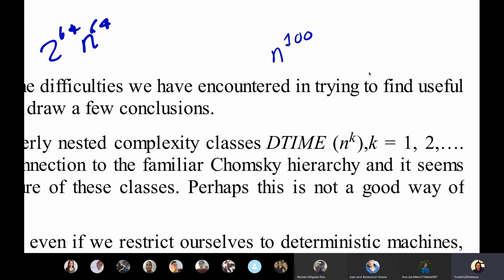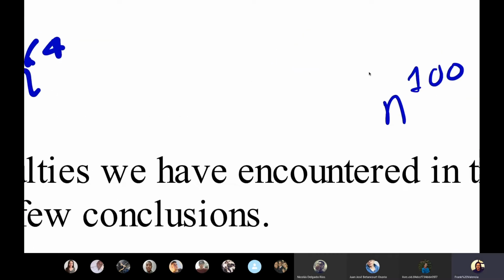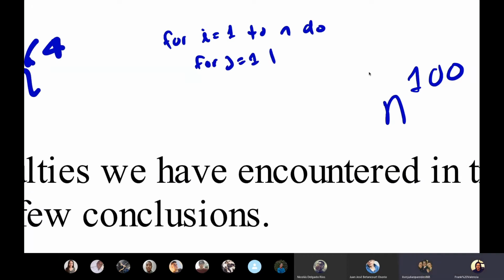Yeah, of course. If you nest loops, you can get any complexity you want, right? I mean, if you do this, that's n square, that's n cube, and so on.